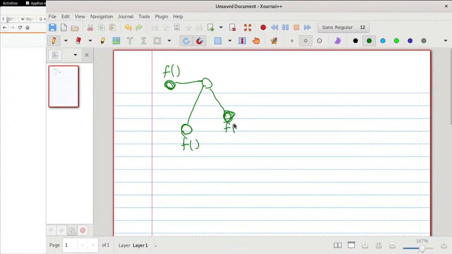I'll label these. And this acts on inputs, so this is going to be f1, f2, f3. You could classify this as a known or an unknown, depending on what you want to do.